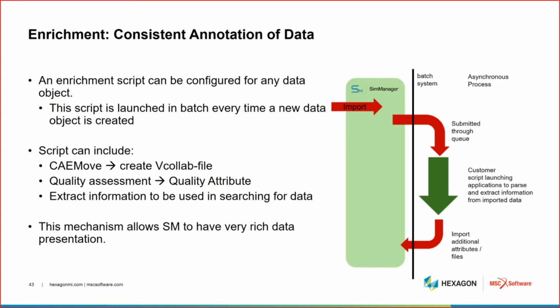Now, it's important at this point to stress that the tools that you integrate with enrichment really are very, very open. So whilst the example I showed was focused on the idea of saying, from this input deck that we have, let's generate a VCLAB representation of that particular model, so you can see this three-dimensional view that I can rotate and interrogate and have a look at.